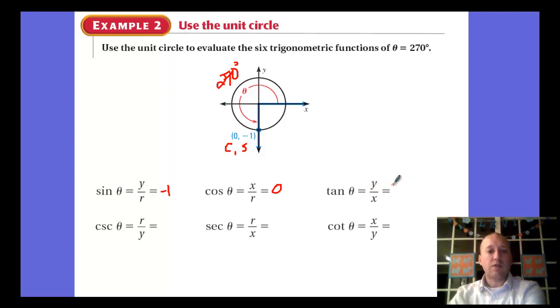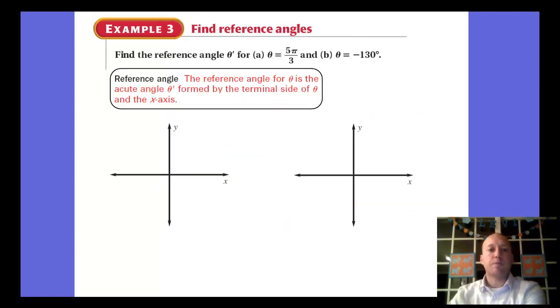Think about that. We're going to have -1 over 0, which is going to be undefined. For cosecant, we're going to do reciprocals. So this is still going to be -1. This one here is going to be undefined. And then this one here is going to be 0. So those are the values here using this point and unit circle, cosine, sine.